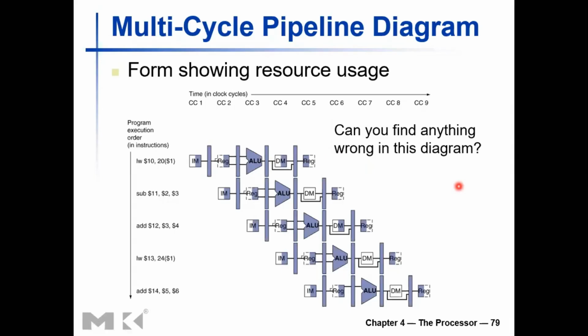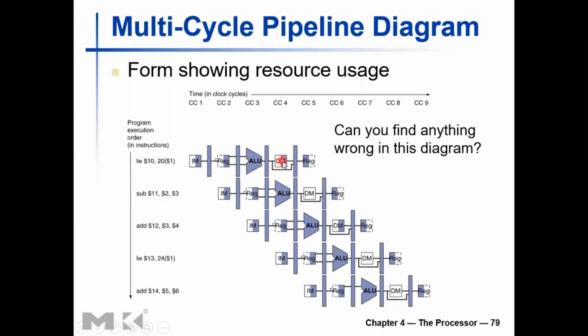For example, this instruction, load word: base register, immediate offset, destination register, right? In the fetch stage, you read the instruction memory, you go through the pipeline register. In the next stage, you read the register file, go through a pipeline register. ALU computes the address, go through a pipeline register.